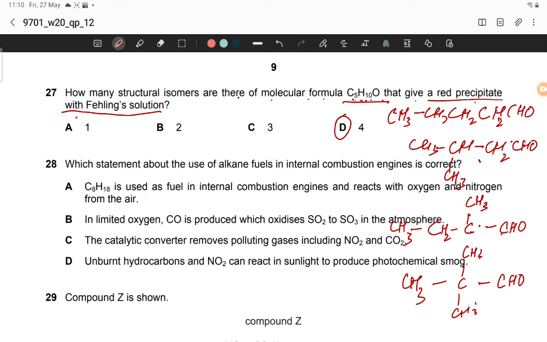Question number 28. Which statement about the use of alkanes as fuel in an internal combustion engine is correct?